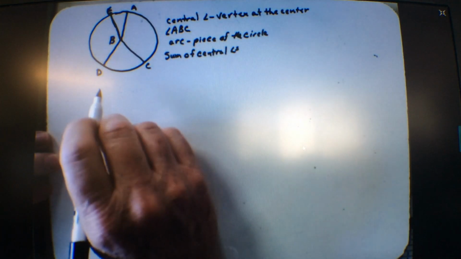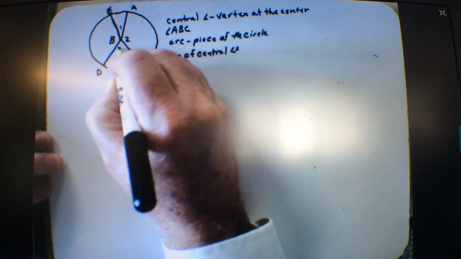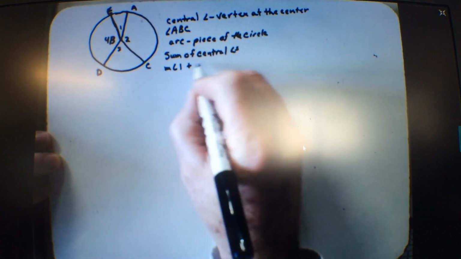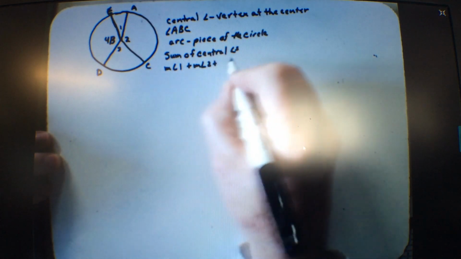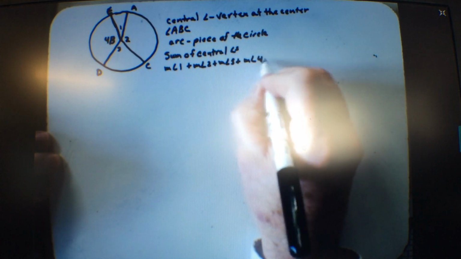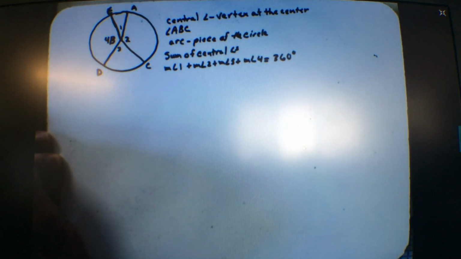If I number these 1, 2, 3, 4, there are 4 central angles. Then the measure of angle 1 plus the measure of angle 2 plus the measure of angle 3 plus the measure of angle 4 equals what? 360 degrees. That is correct.